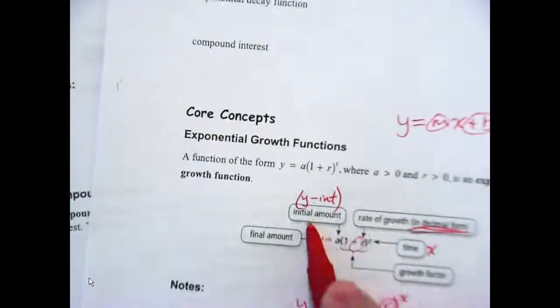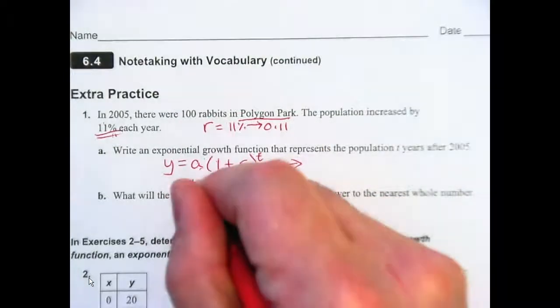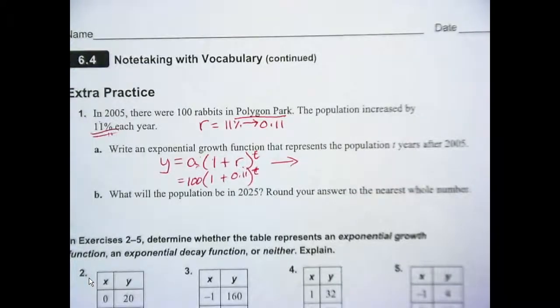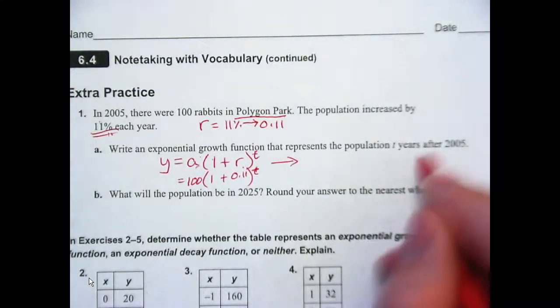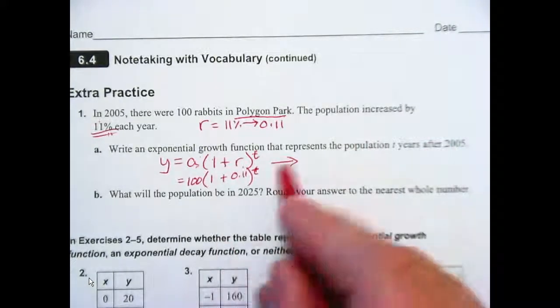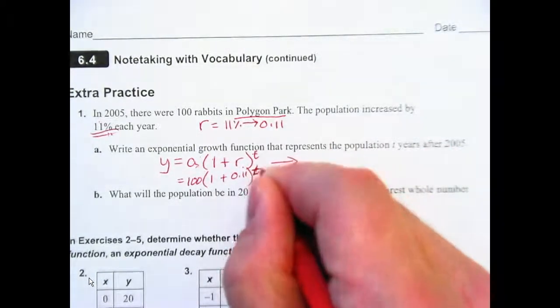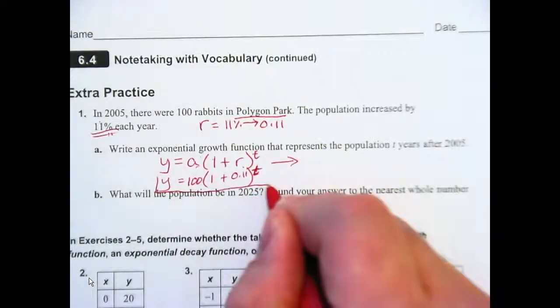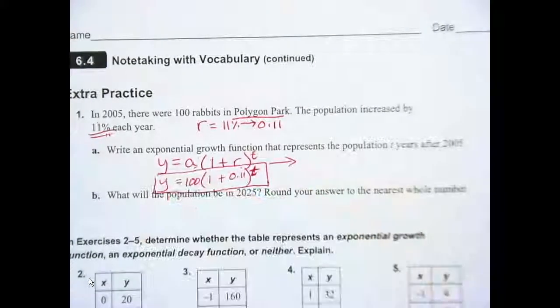Yep, it's our initial amount, right? So in this case, we start with 100. Okay, what does T stand for? Time in years. In this case, years after 2005. Okay, so as far as we're concerned with this problem, 2005 is the dawn of time. Correct. 2005 is the starting of time according to this problem.